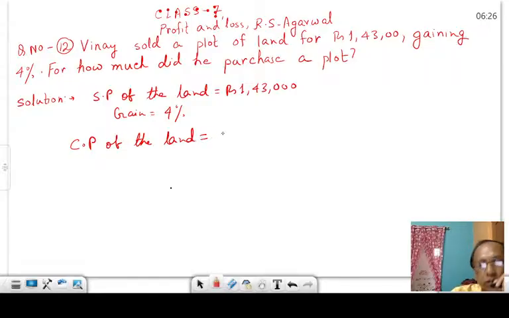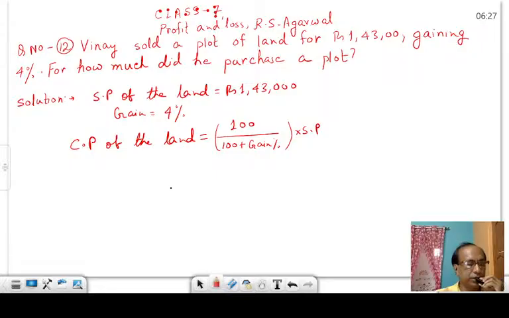Cost price is equal to 100 divided by 100 plus gain percent into selling price. This is the formula for finding the cost price of the land, right? Let us find how much we are getting.